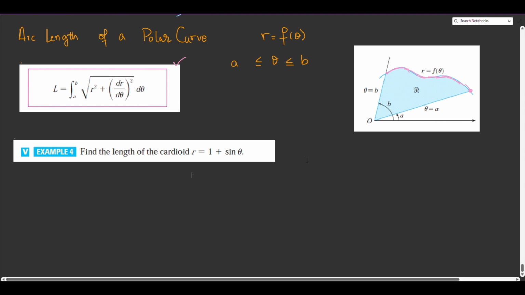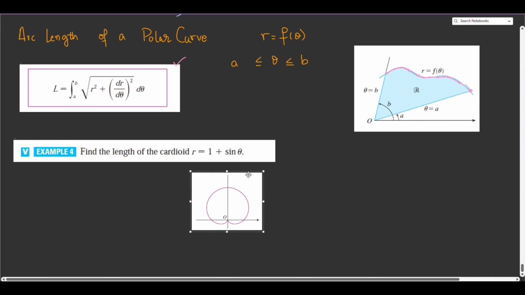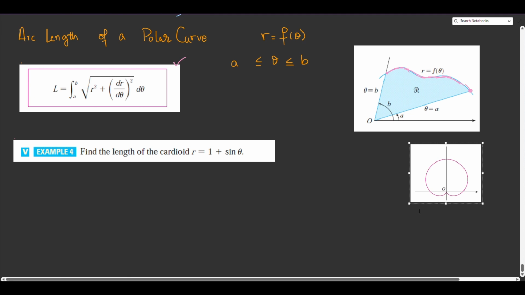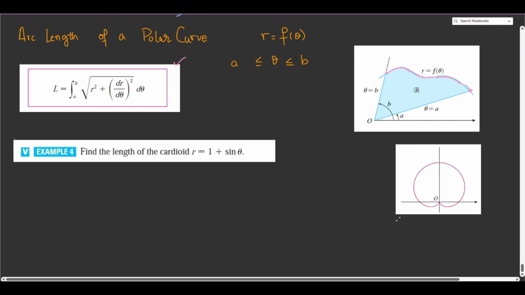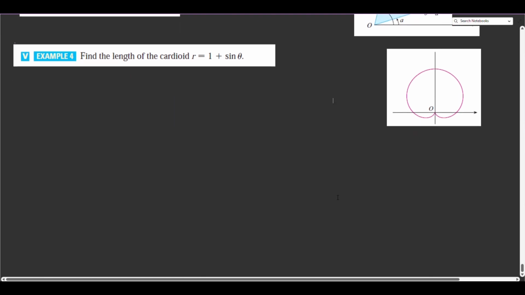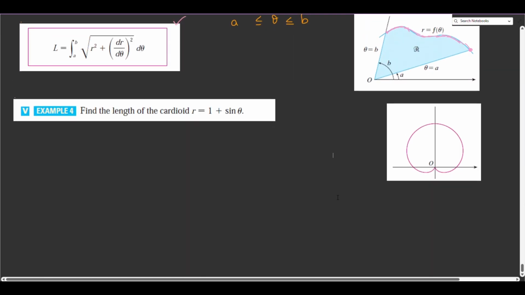So this is our curve r equals 1 plus sine theta, and we need to find the length of this curve.